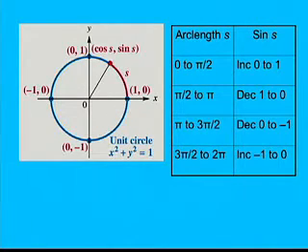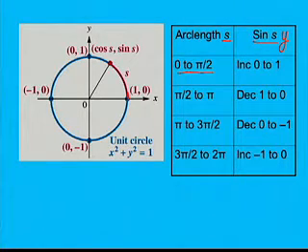We're going to trace out an arc length S starting right here at (1, 0), and I'm going to take you through the values 0 up to pi over 2. We're going to look at the value of sine of S. Remember, sine of S is the y value.